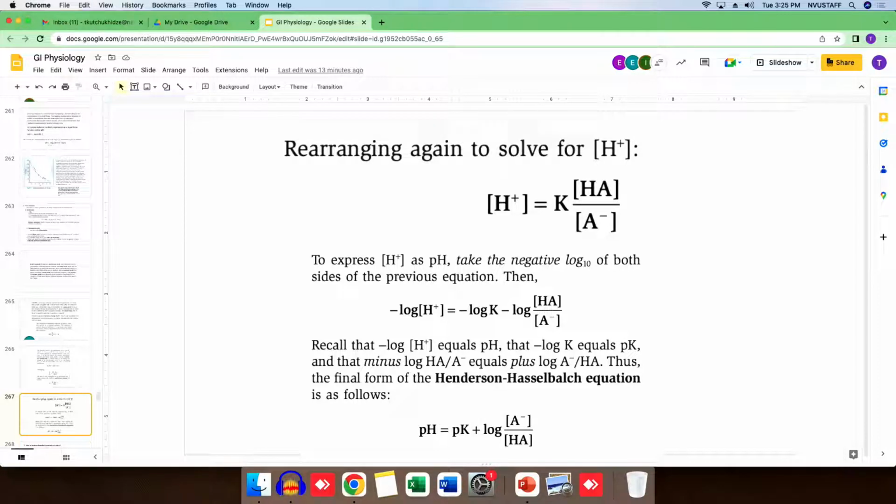So instead of K, we will write just protons, and we will get the equilibrium constant, H+ equals K times HA divided by A-, right? So we took H and moved it to the front instead of K, so we took H out of the fraction. That's it. Now, how can we express what we have here in terms of pH, right?